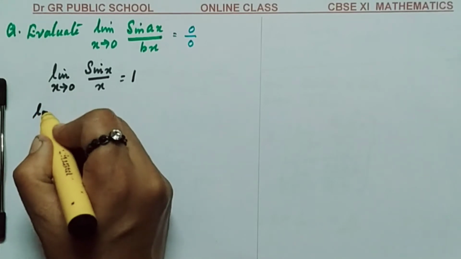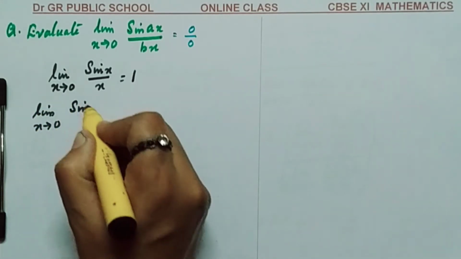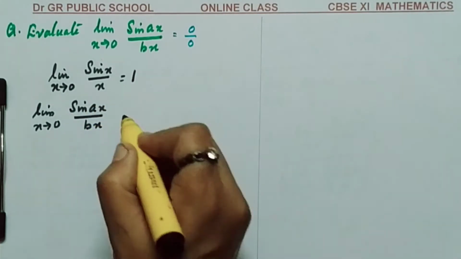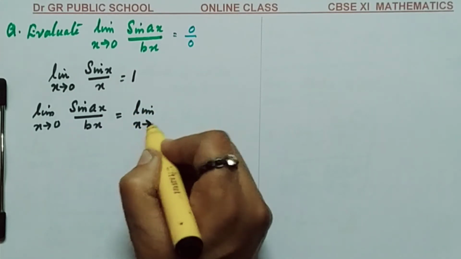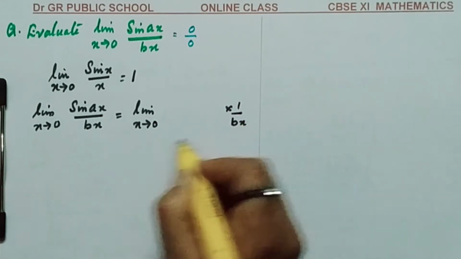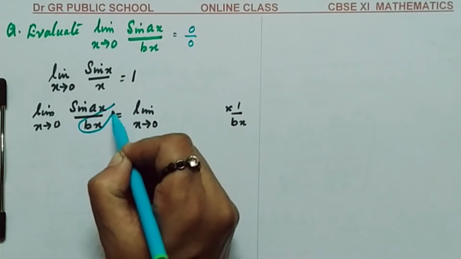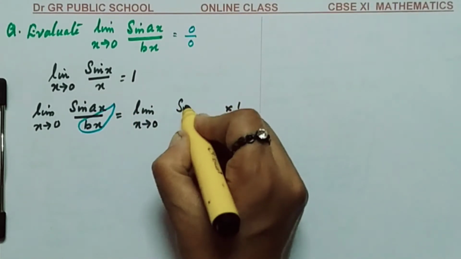Taking the given limit as limit x tends to 0, sin ax by bx is our question. Make a slight arrangement as limit x tends to 0. Keep the 1 by bx aside. This 1 by bx you need to keep aside, and then the remaining is sin ax only.